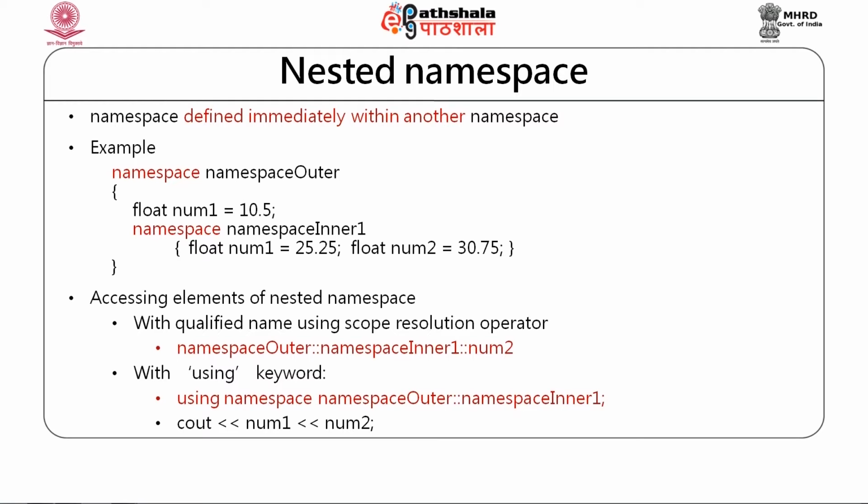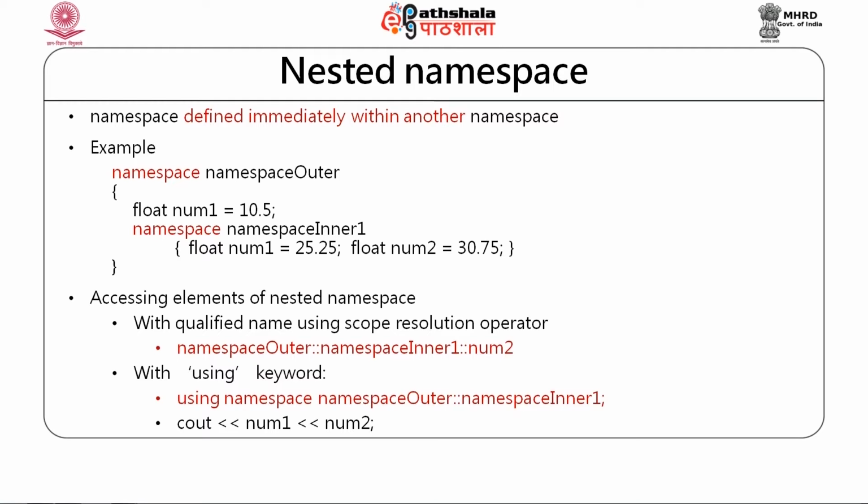Can we use the using keyword? Of course, because this is a named namespace, we can even use the using keyword. To have num1 and num2 of namespace inner1 in the program, we can simply use using namespace, because we want to import the entire namespace.